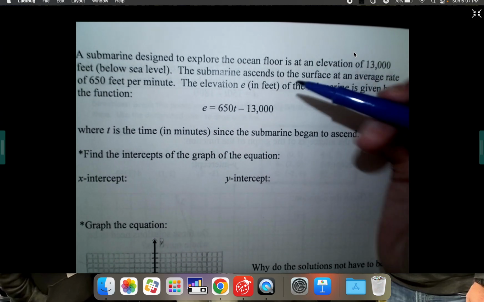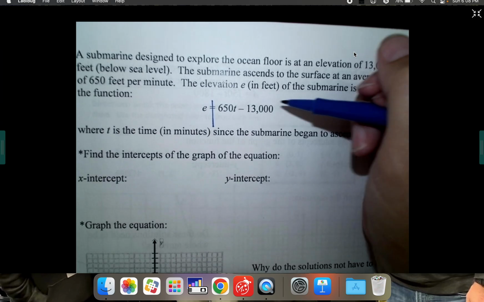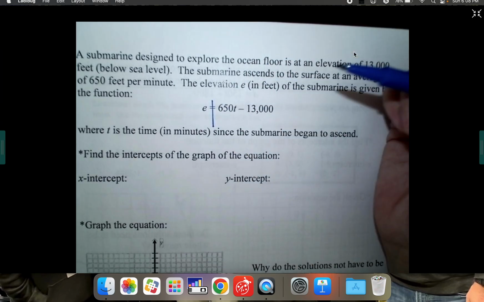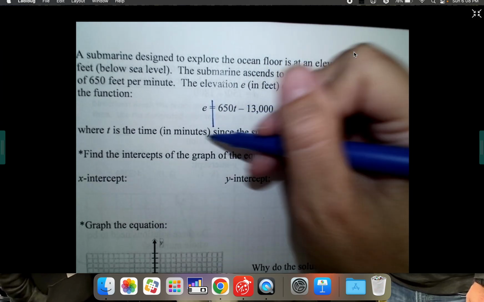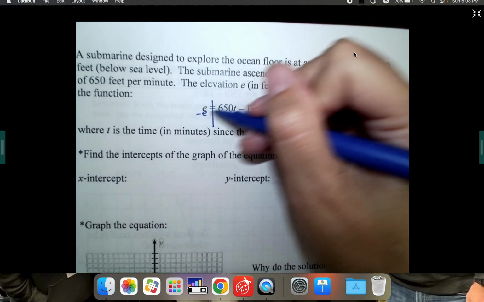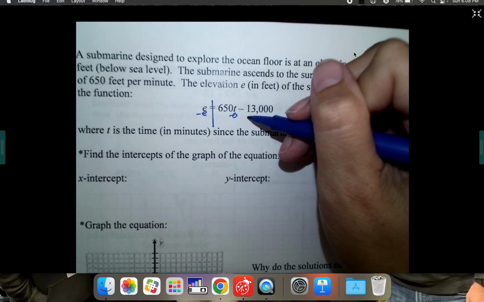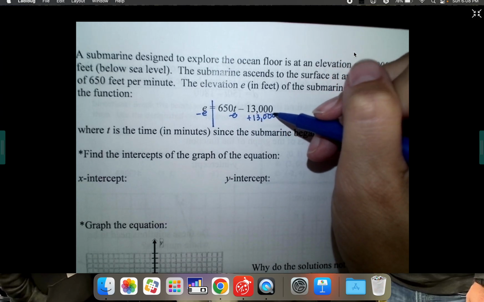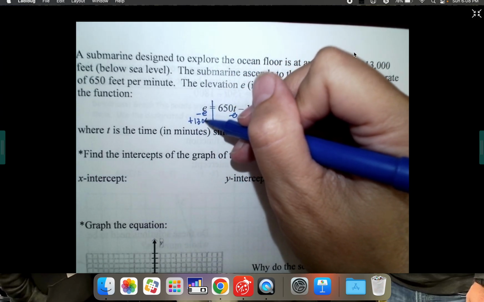So let's rearrange this. I'm going to move the 13,000 and the E. So I'm going to subtract the E and move it over here, and I'm going to add the 13,000 and move it to the other side. Sorry, I ran out of room.